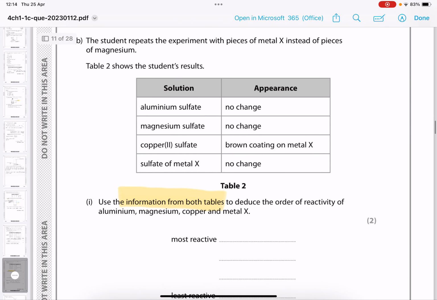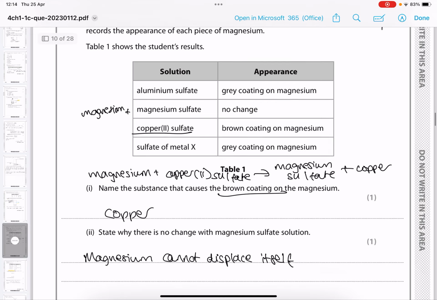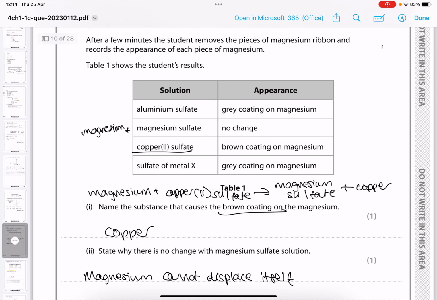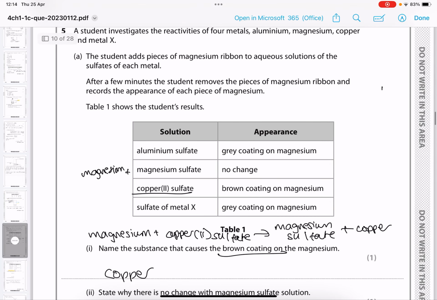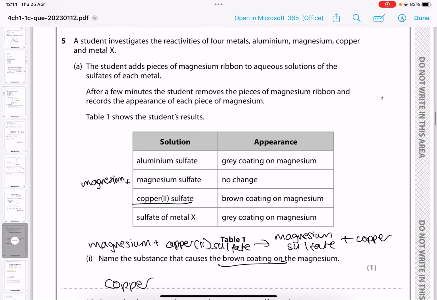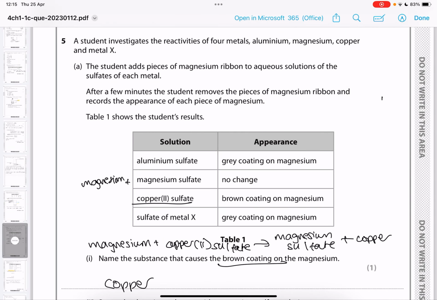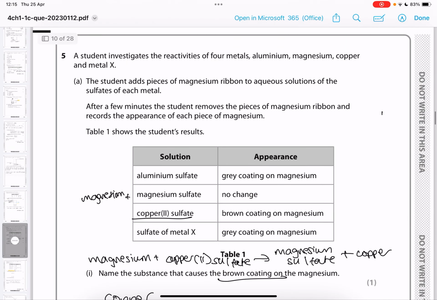Let's start off with what's the most reactive. Magnesium, if we look at it, has no change when metal X is added, and it also has no change when magnesium is added. If there's no change, that means there's clearly no displacement reaction taking place.